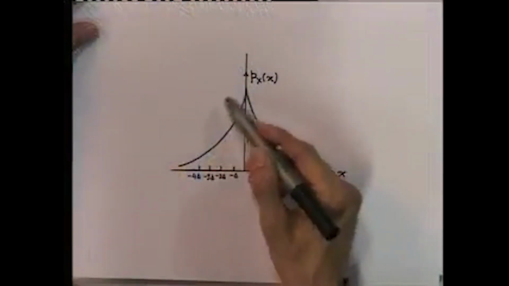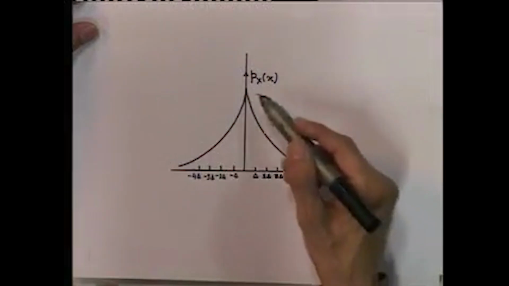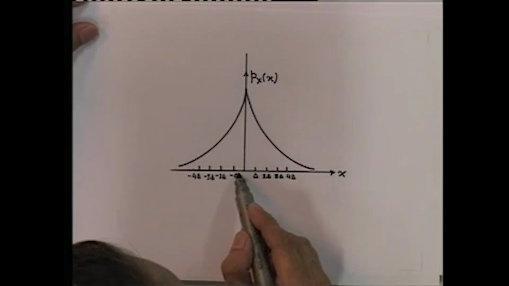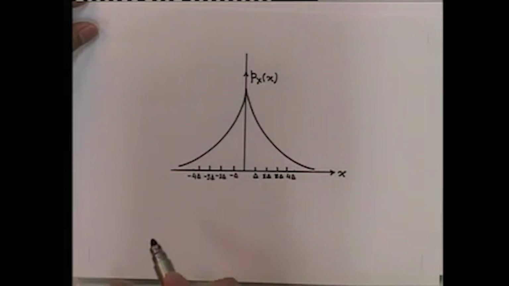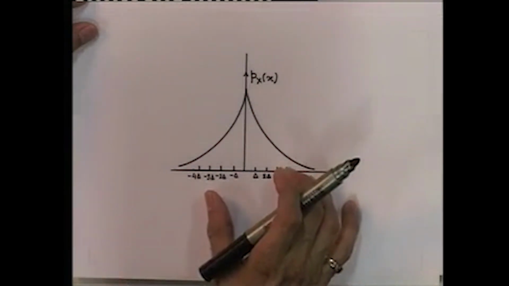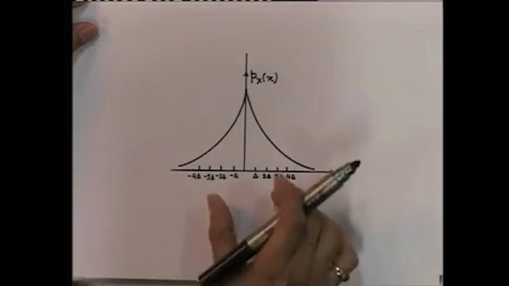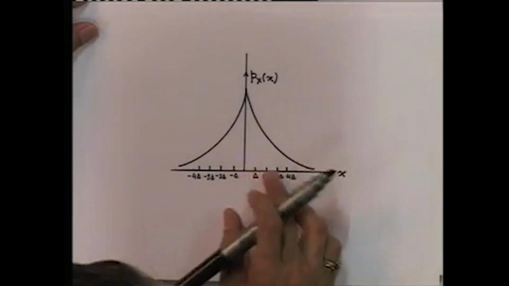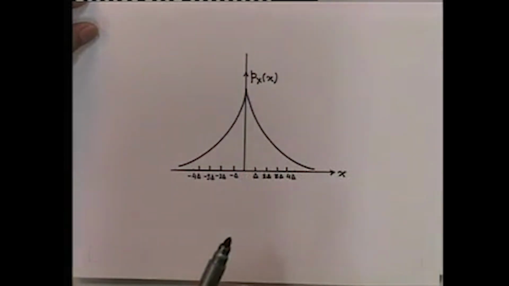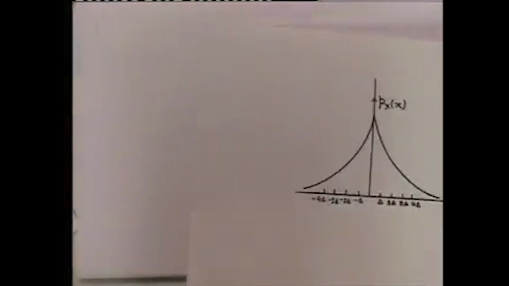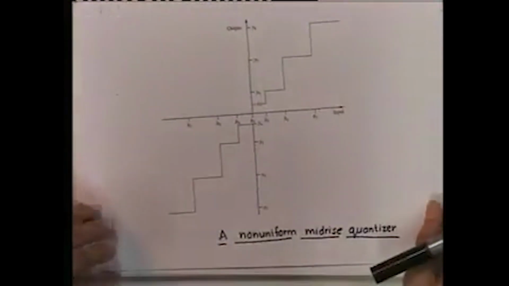So, if the source distribution is like the distribution shown here, we would have smaller intervals near the origin. If we wanted to keep the number of intervals constant, this would mean that we have larger intervals away from the origin. A quantizer that has non-uniform intervals is called a non-uniform quantizer.